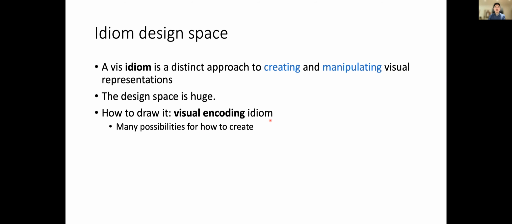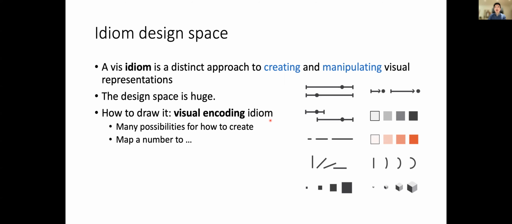As I said before, there are many possibilities for how to create a visual encoding. First, you need to decide which data attributes to encode, and then how they would be represented. Would that be the x-axis, or maybe color, or maybe size? There are many different ways. These are some examples.